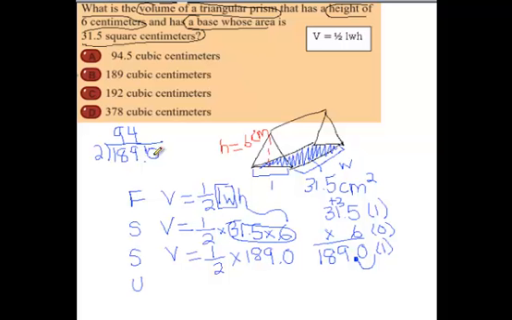I'm doing the smart cut division method. 2 goes into 10 5 times. I pop it like it's hot. And then just put the dot there, 94.5. I look, it's in centimeters. We're finding the volume, so it's cubic centimeters, which would look like this.